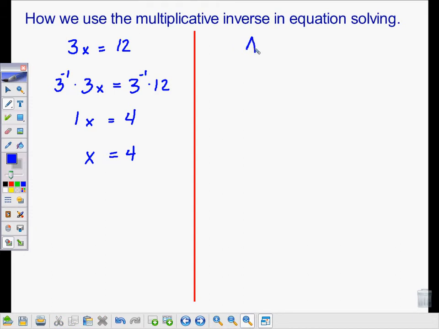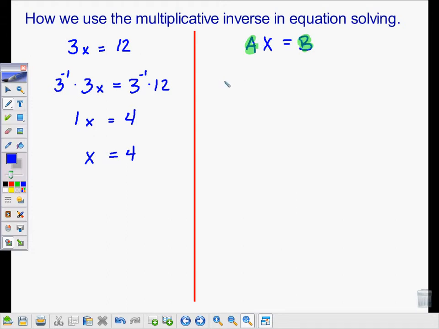Okay? So if I had some known matrix A times an unknown matrix x, giving me a third matrix B. So I know, supposedly, what the values of A and B are, but I want to solve for what x is. This is what I'm going to do. Instead of dividing by a matrix, which we don't know how to do, we're going to multiply by its multiplicative inverse, which will undo the multiplication that's happening right here.